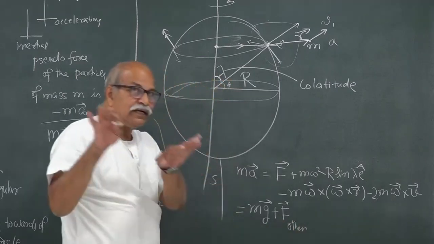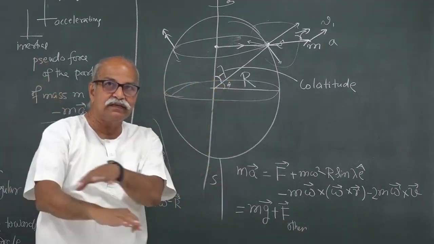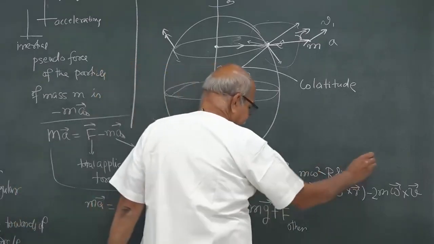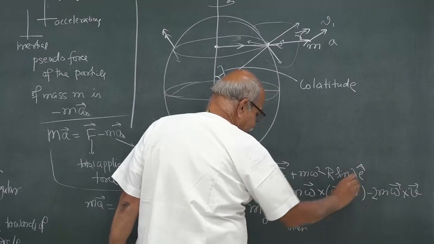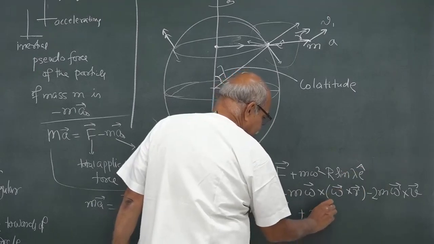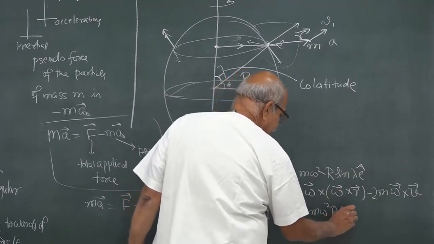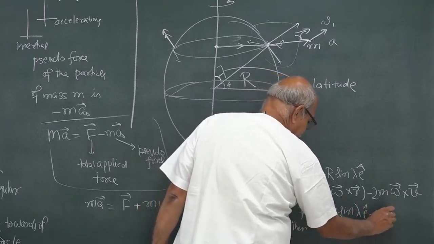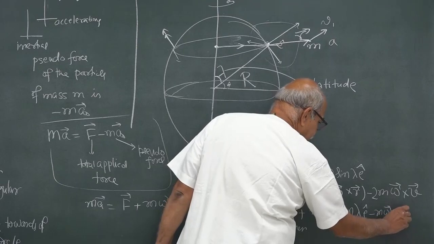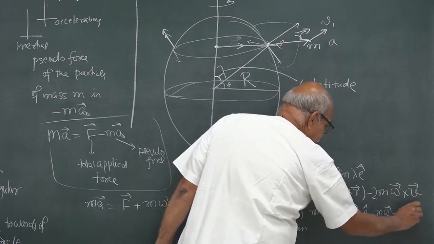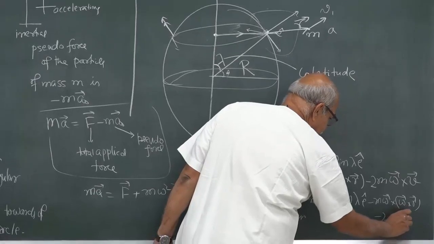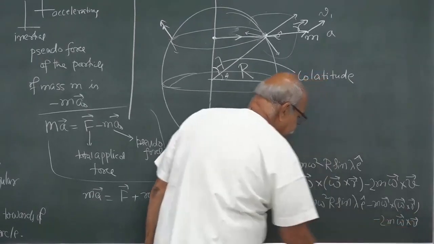If you are only looking at the motion under gravity, then this will be 0, and then other things, all these things, m omega square r sine lambda E cap, minus m omega cross r, all these things will be there, and minus 2m omega cross v, all these things will be there.